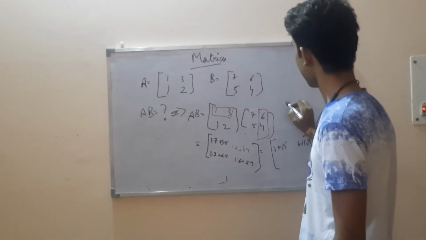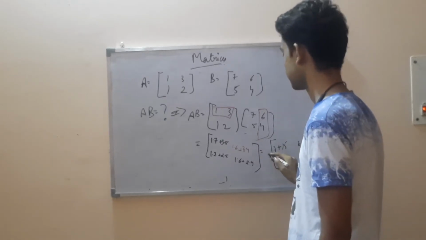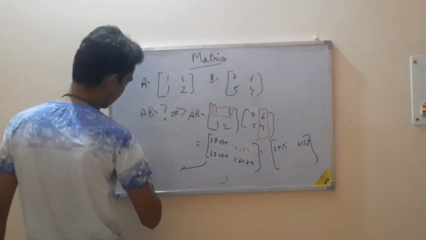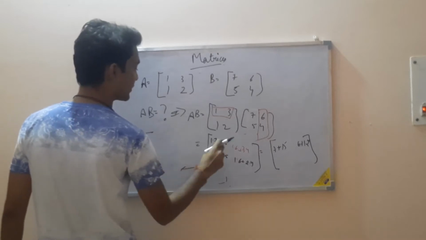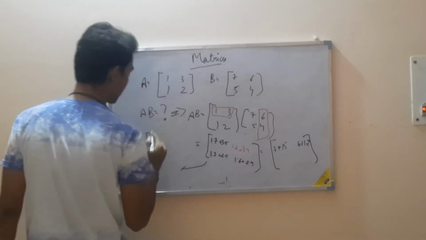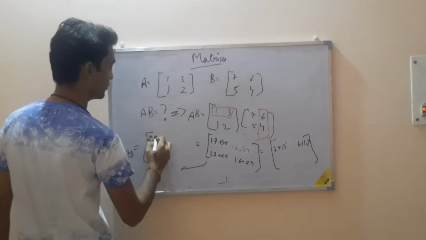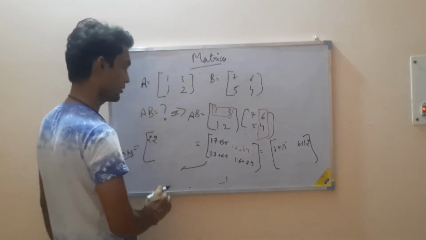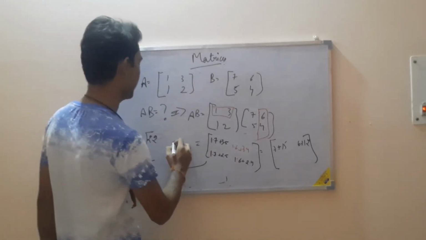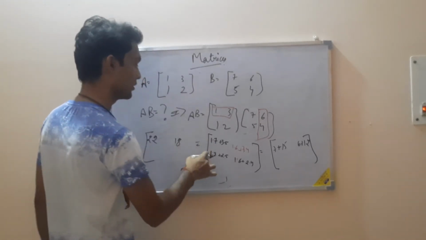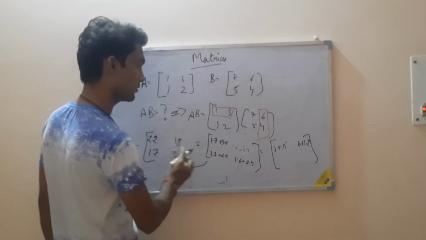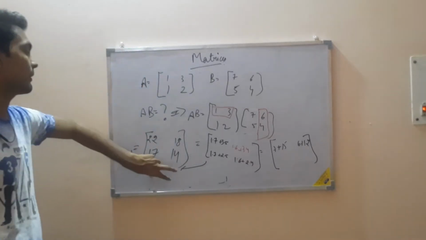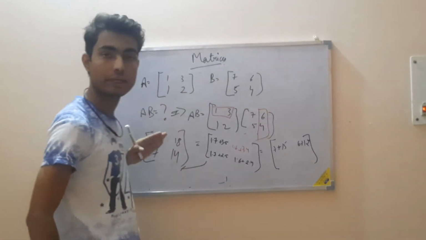Your answer will be 7 plus 15, and be attentive with your calculation, even a silly mistake can cost you marks. 15 plus 25, 6 plus 12, 18, 10 plus 17, 14. So it will be the matrix that we get after multiplying A and B.